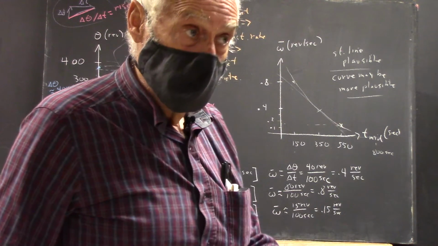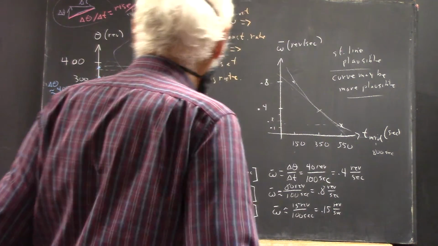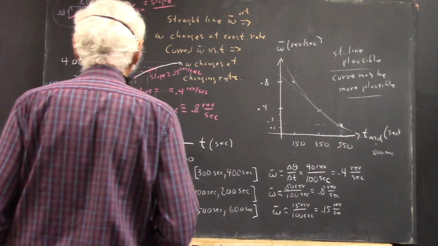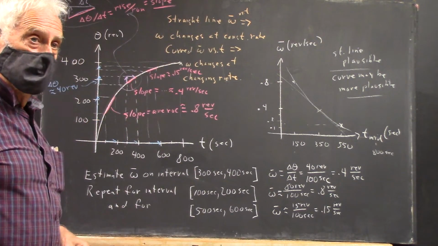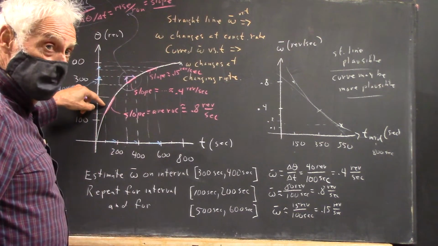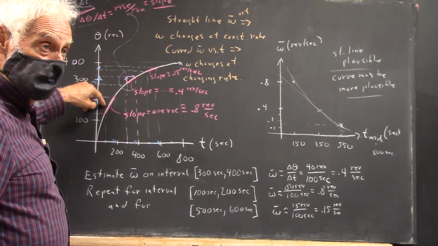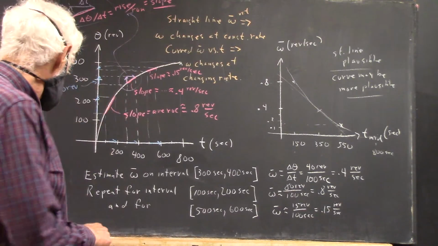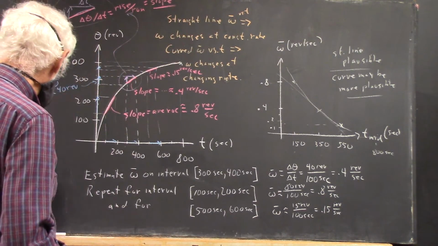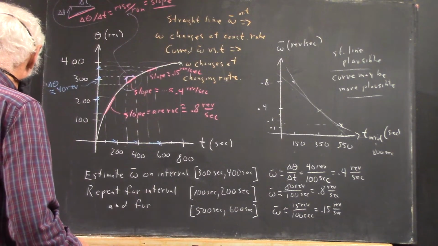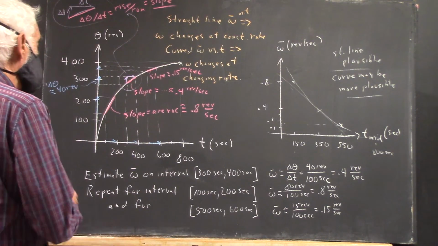If I want a better picture of omega versus t, well, these slopes are approximately equal to the slope of the tangent line at the midpoint, aren't they? Okay, the tangent line at the midpoint, let's take this one. So let's find a pretty color.